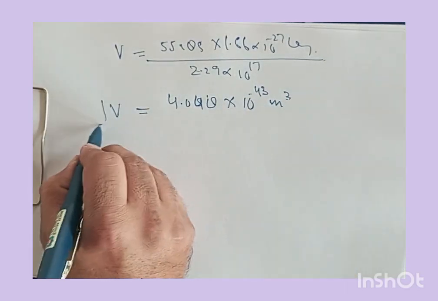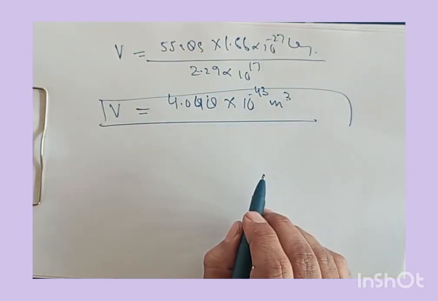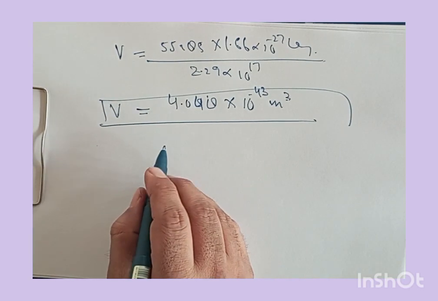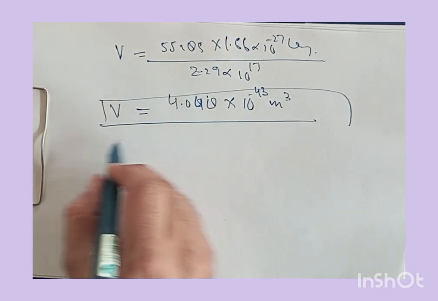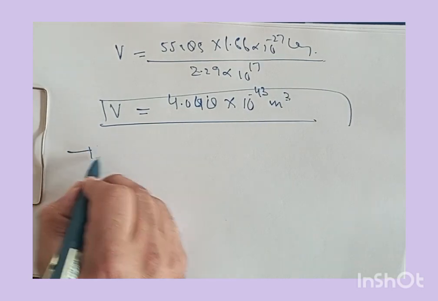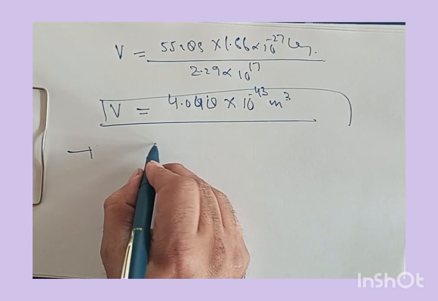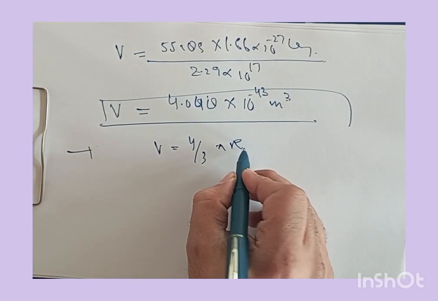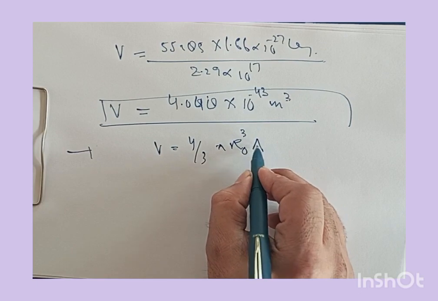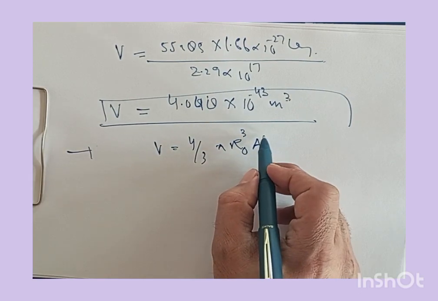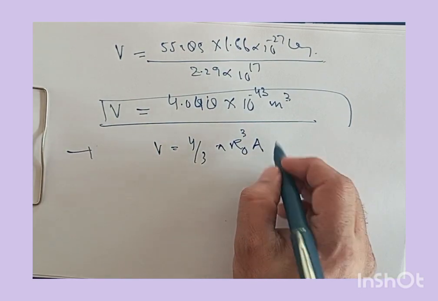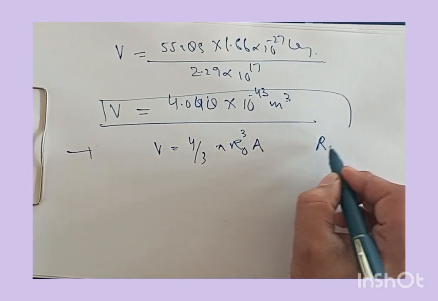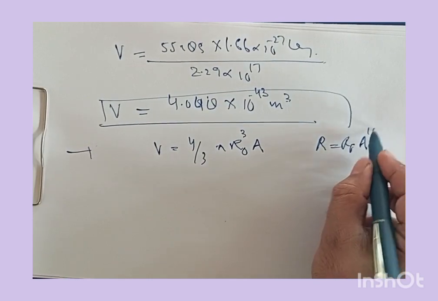Okay, we can see that we have got something minute at the center of this atom. Now I can talk about the mass number of this nucleus, because I have a relation for volume, and that volume is 4 by 3 pi r cube. For r I will write r naught cube, then I have A, because r is equal to r naught A raised to the power 1 by 3.